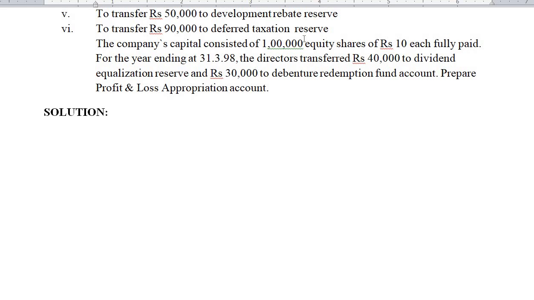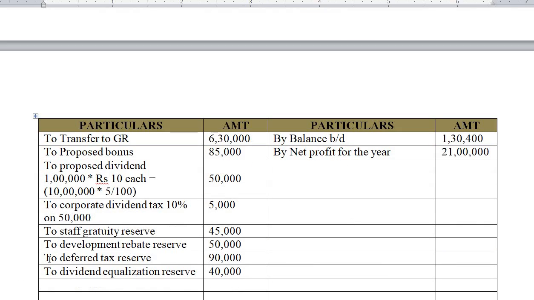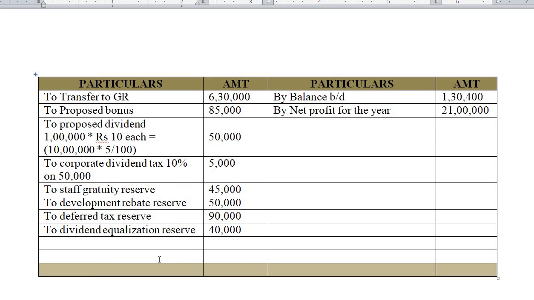See, for the year ending, the directors transferred rupees 40,000 to dividend equalization reserve and 30,000 to debenture redemption fund account. Those two items are to be posted on the debit side as well, as I told you. So we have passed dividend equalization reserve. Now we are going to pass to debenture redemption fund. Debenture redemption fund 30,000 is also to be provided.